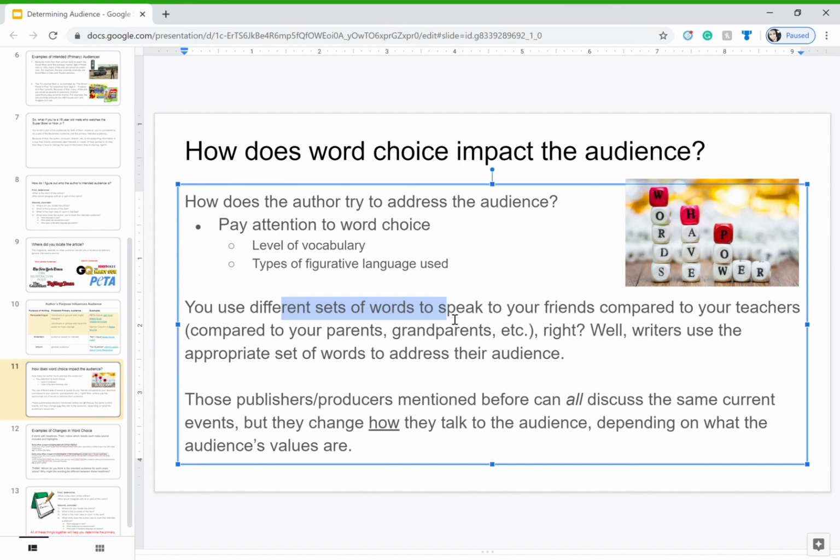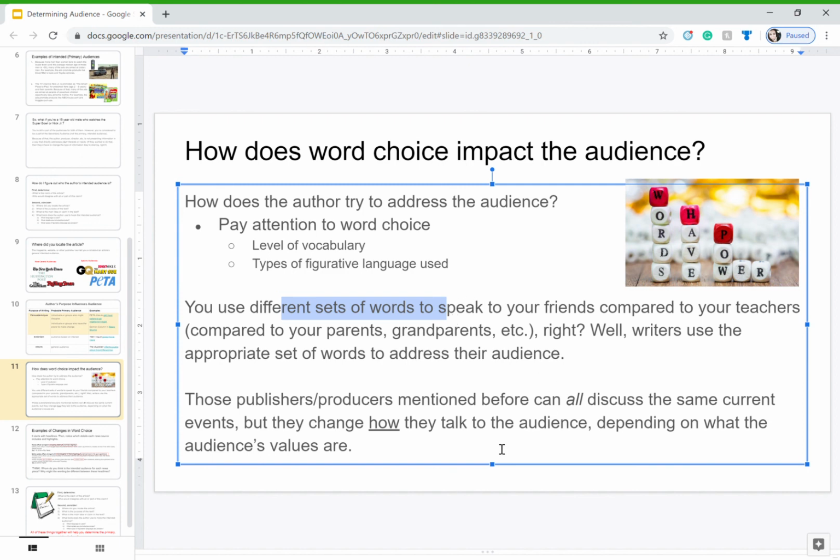For example, if you text your friends a message or a short story about how a dog bit you on your way home from school, you are probably going to use a whole lot of different language than if you explain the same story to me. Alright? We often choose the words that are appropriate for our audiences. What do we think is going to be allowable and make the most sense to the person we are addressing?